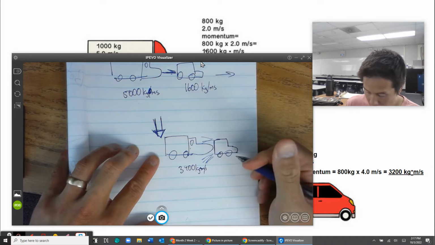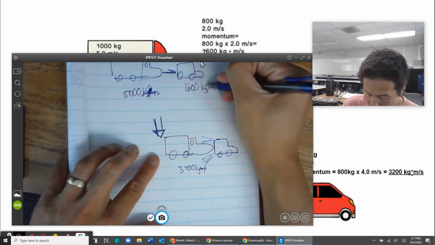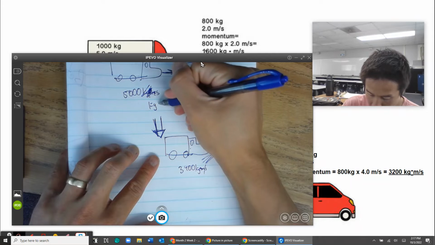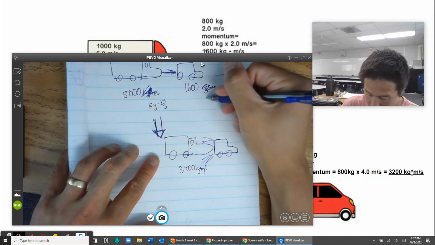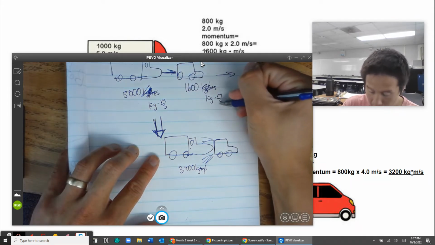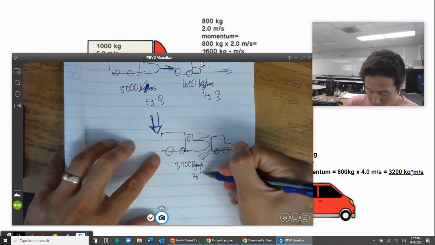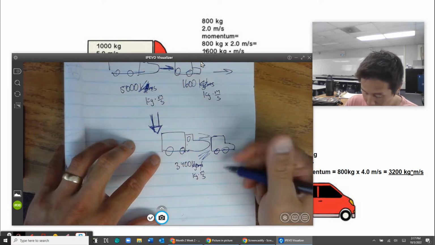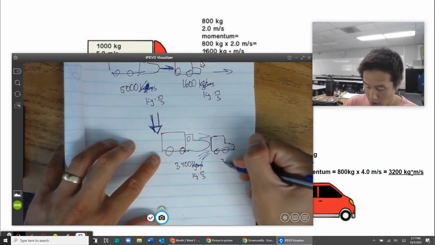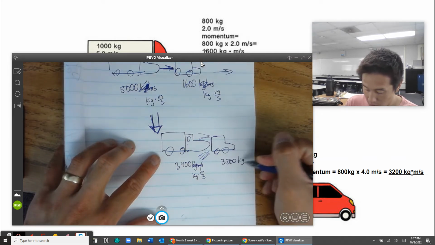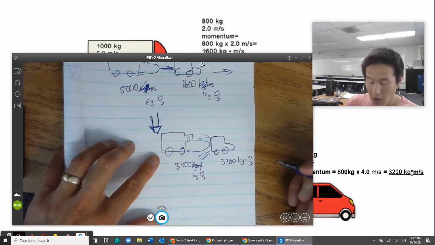Oh, sorry, I wrote my units wrong. It's kilograms times meters per second, and this is kilograms times meters per second, and this one down here was kilograms times meters per second. You have to get it right. And this one over here that we calculated was 3,200 kilograms times meters per second.